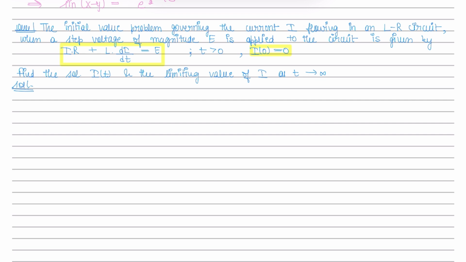We have to find a solution I of t and the limiting value of I as t tends to infinity. Firstly, let us observe that my dependent variable is I, the independent variable is t, and all the rest of the variables are constants.